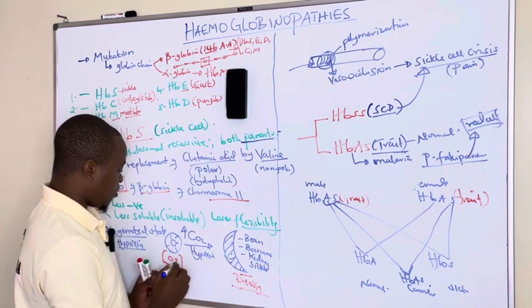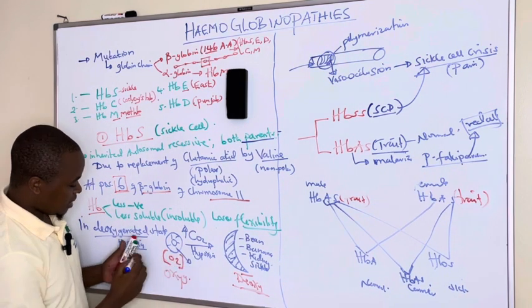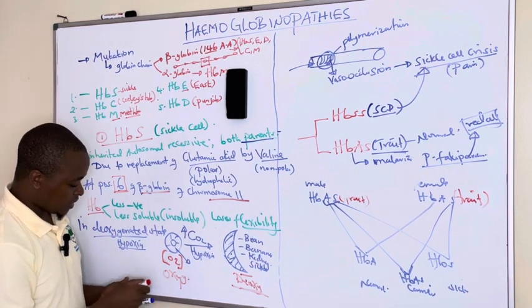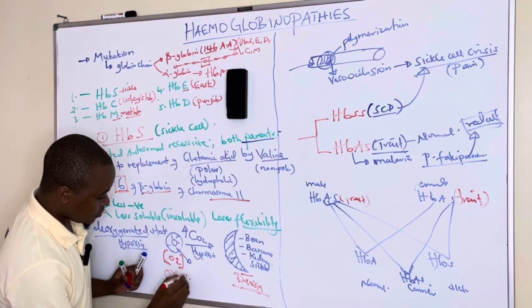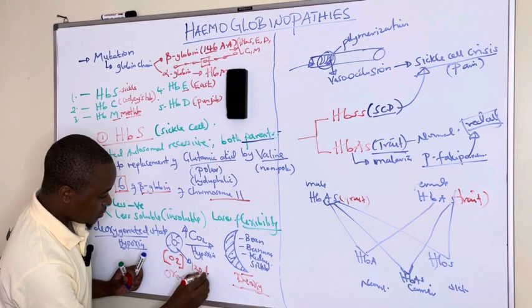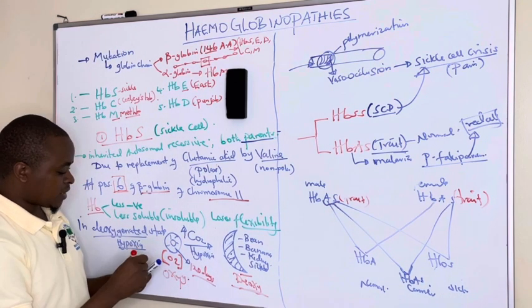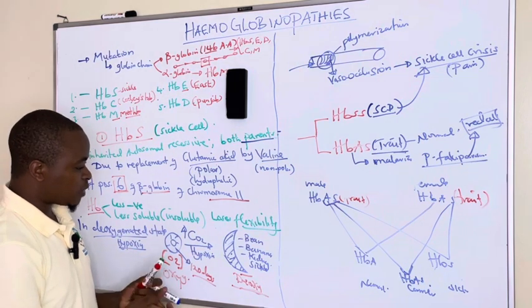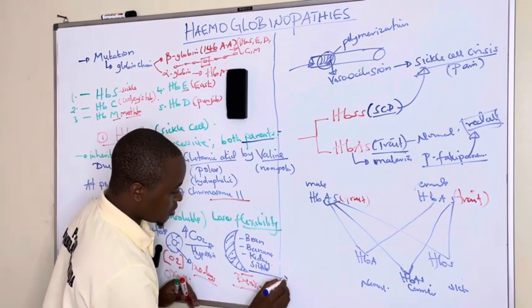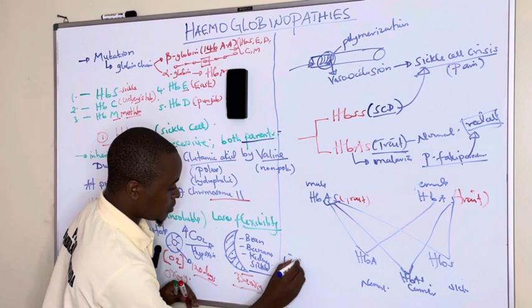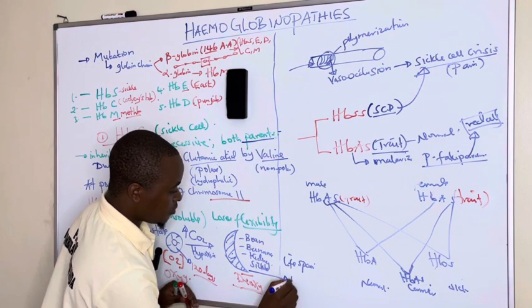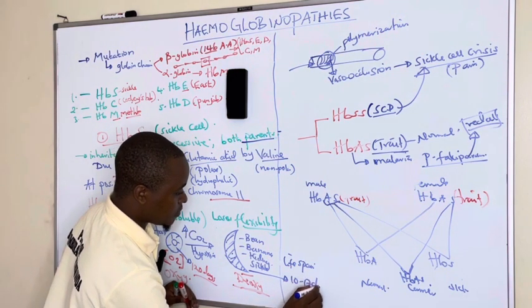The normal RBC lifespan is 120 days. But the sickled cell has a lifespan of 10 to 17 days.